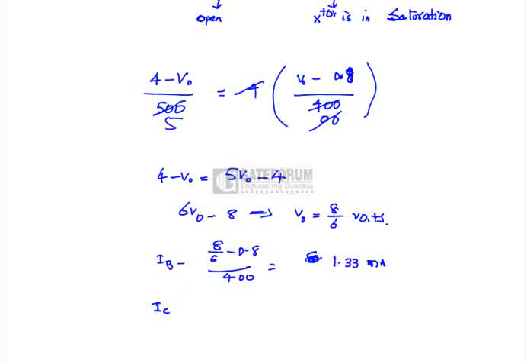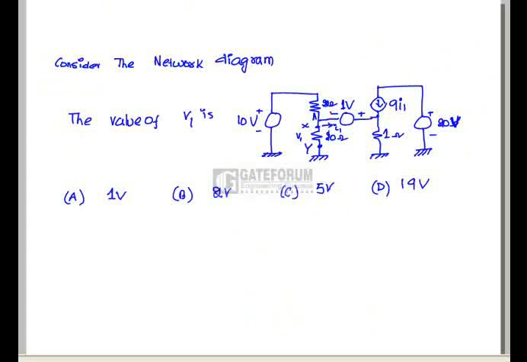Here IC, the current through Q2, is (4 - VCE sat of Q2), approximately 0.2, divided by 500, which equals 7.6 milliamps. So beta min = IC/IB, which equals 5.71. Here option D is correct.